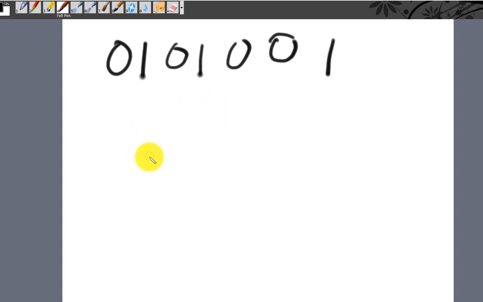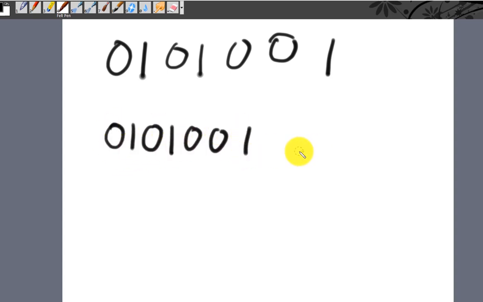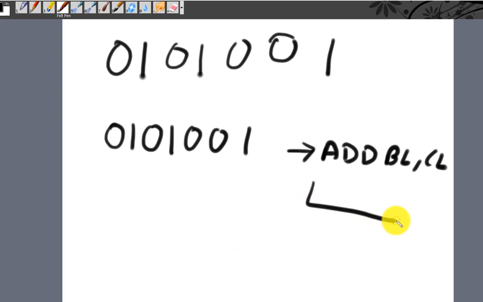The instruction decoder converts 01010001 into ADD BL, CL. That instruction is received by the ALU. The ALU adds the two registers BL and CL and stores the result in BL.